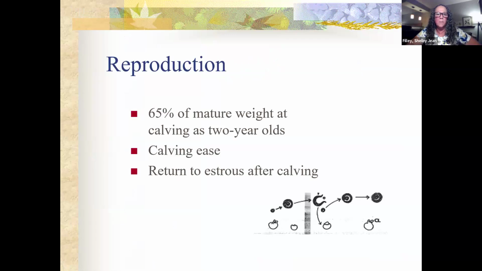Those are the effects on the animal from the diet now. It can affect reproduction as well. We want our heifers, our young females, to be at least 65% of their mature weight at calving when they're 2 years old. This helps with calving ease. If they're too thin or too fat, they're going to have a lot of trouble calving. And that affects the amount of time it takes them to return to estrus after calving.